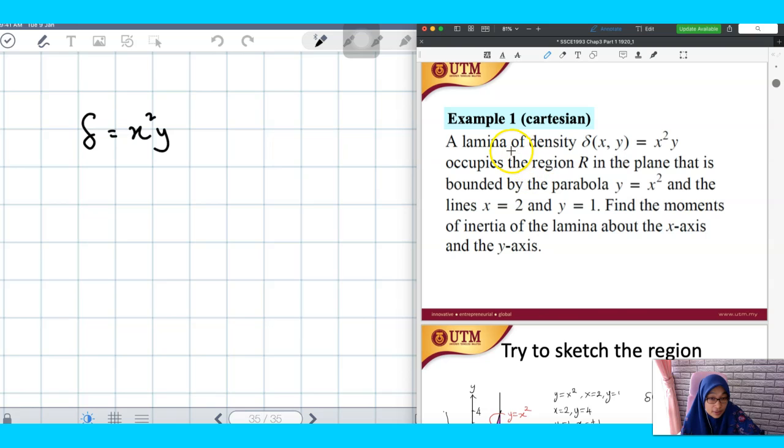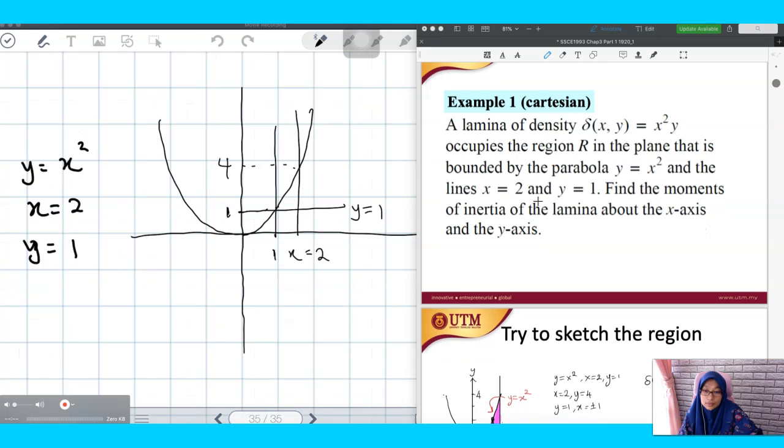The lamina is a region in the plane that is bounded by the parabola y equal to x squared and the lines x equal to 2 and y equal to 1.